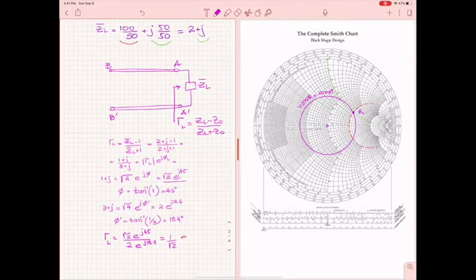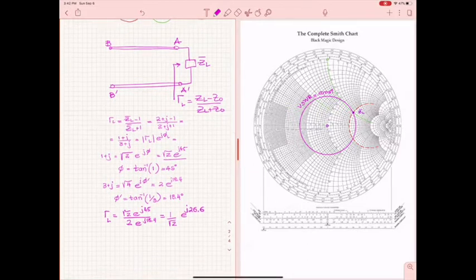And then we have e to the j, 45 minus 18.4. How much is it? 26.6. Yes, 26.6. Thank you. You are right. Perfect.